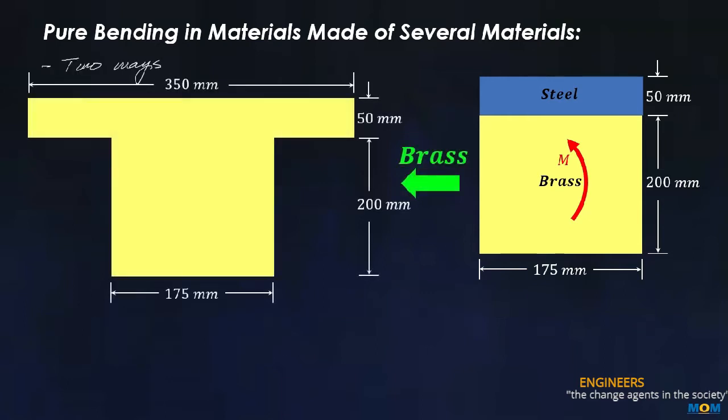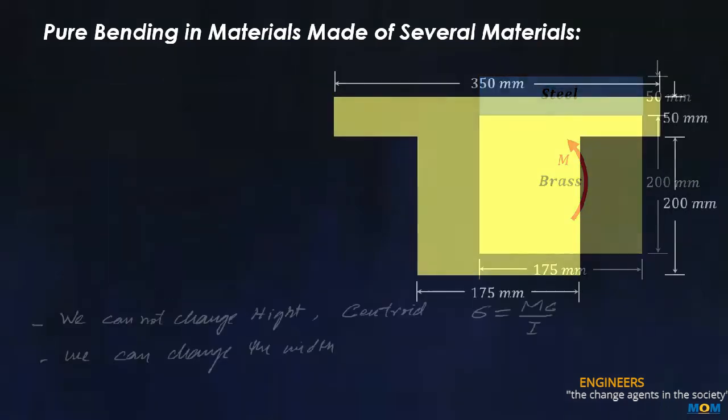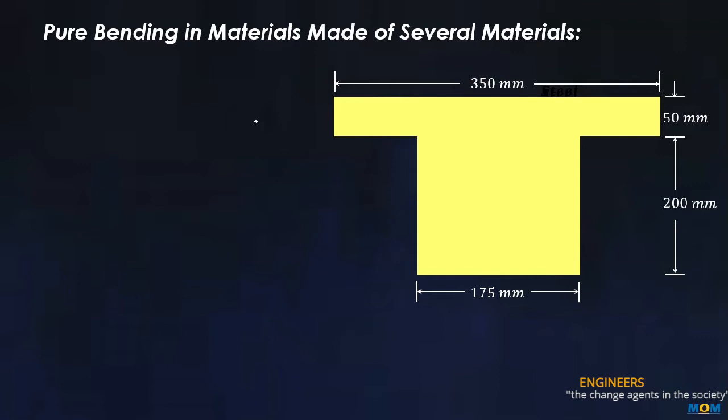Previously, we were using the brass instead of steel, so we were taking twice the brass to replace the steel. So we can see that we were using 350 millimeter width instead of 175. Now, assume we replace steel with the brass.